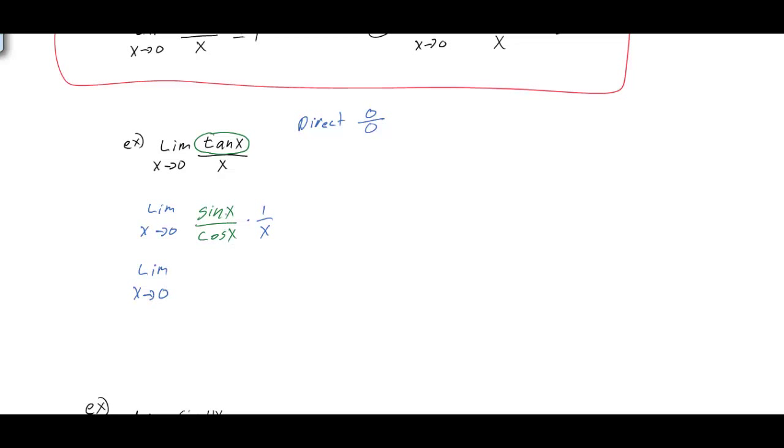If we rewrite this, since this is multiplication, we could write it as sine x over x times 1 over the cosine of x.